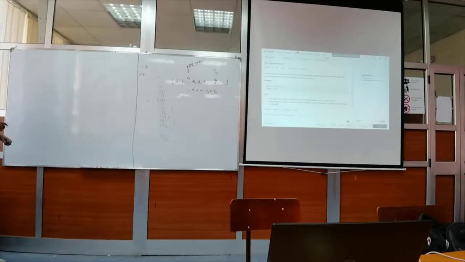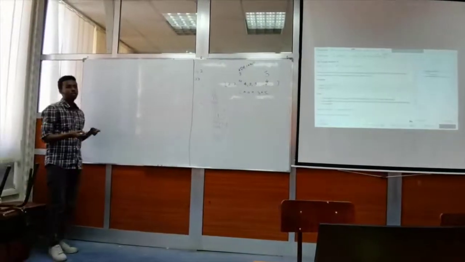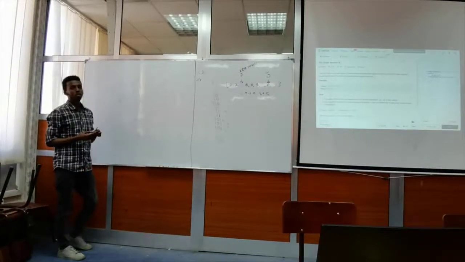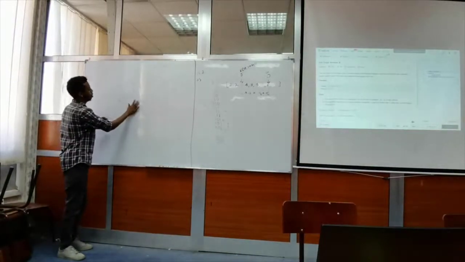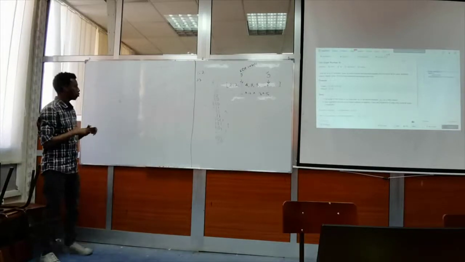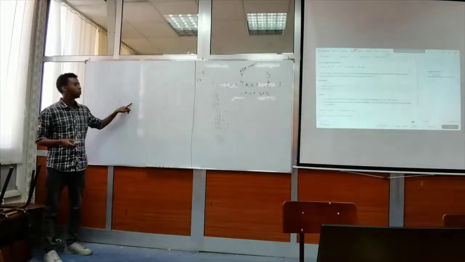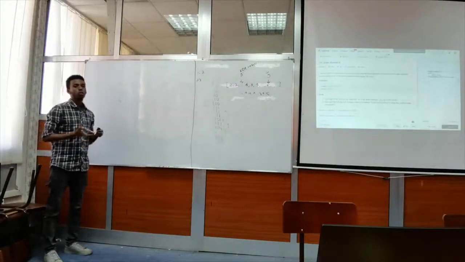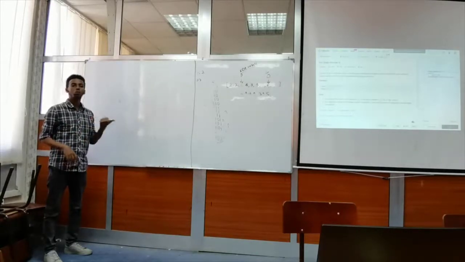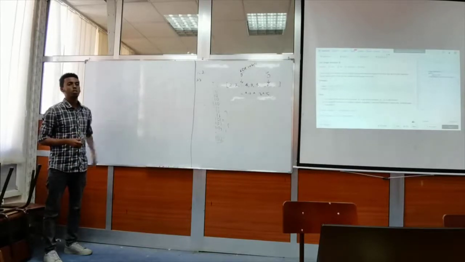In this case, XORing all values would give us 6, right? And 6 is 1, 1, 0. So the XOR of this result means if we have a 1 here, it means one number contributed 0 and the other contributed 1, because only differences give us 1.